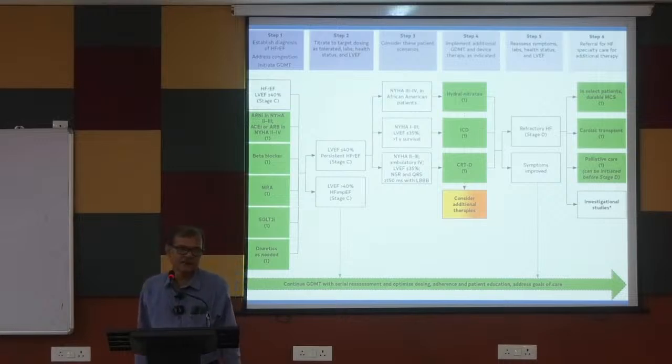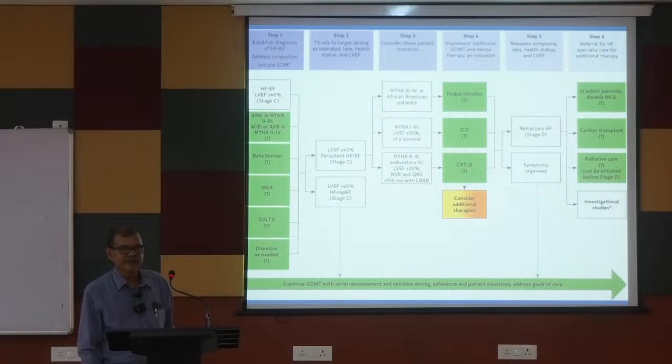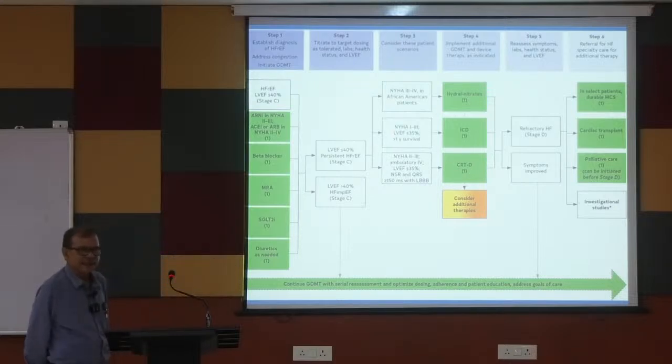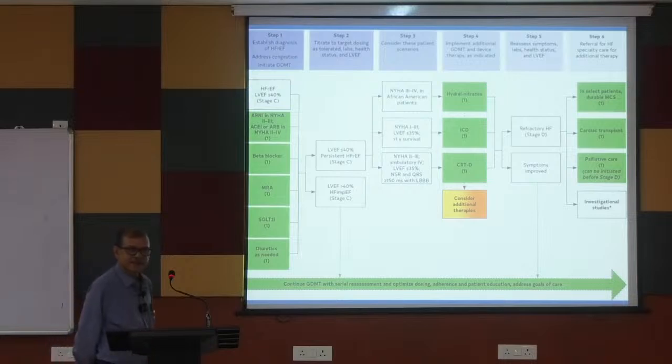Whereas in case of volume overload, ST segment is slightly elevated with convexity upwards, and here absence of strain is a crucial demarcating point. Now, QRS duration 150 milliseconds or more with LBBB, CRT device, cardiac resynchronization therapy.